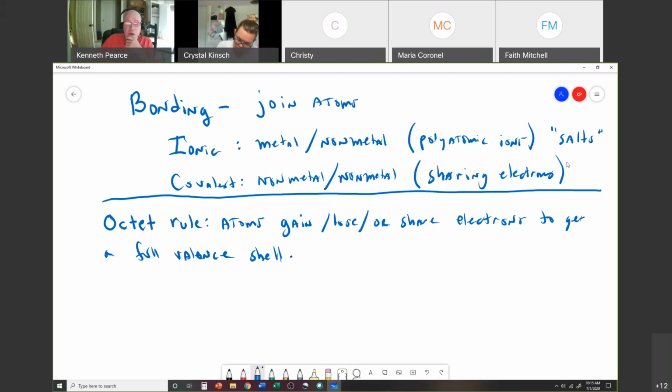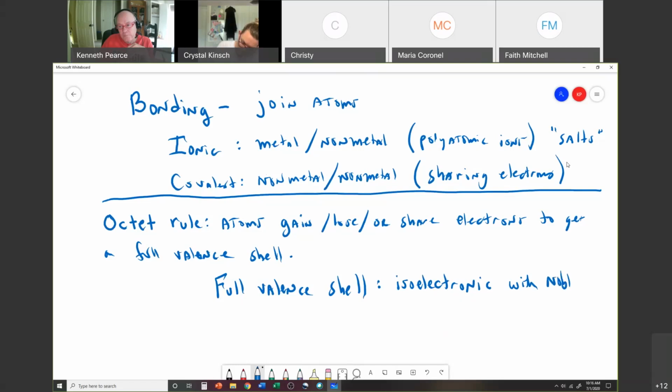Now, what do we mean by a full valence shell? Generally, though not always, we mean isoelectronic with a noble gas. What does isoelectronic mean?